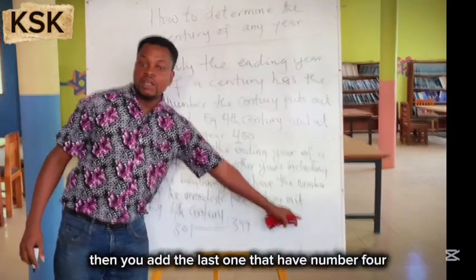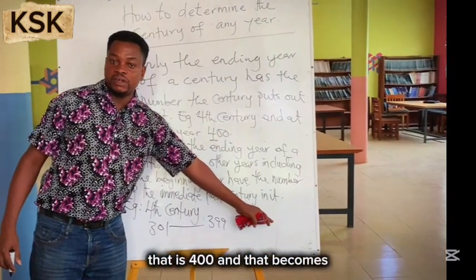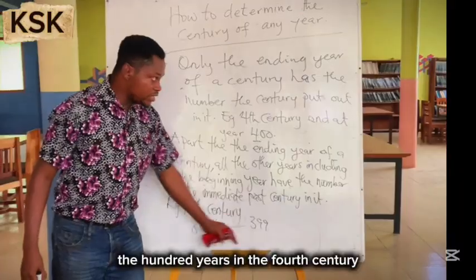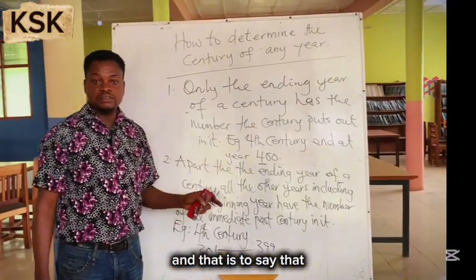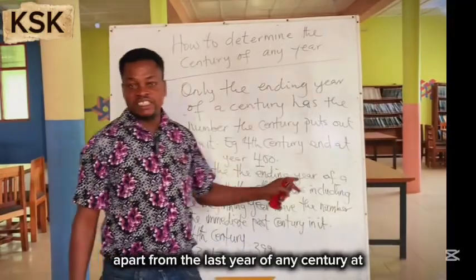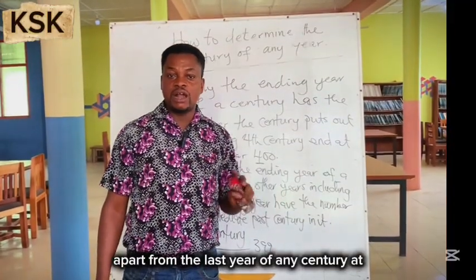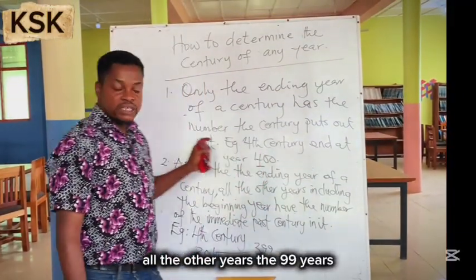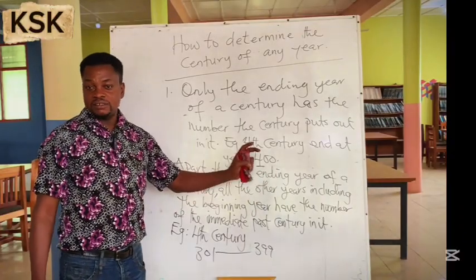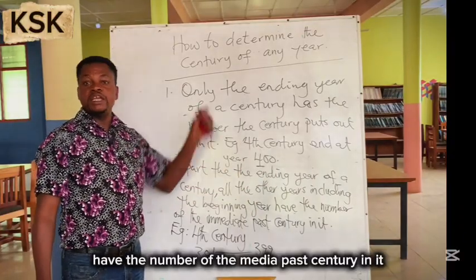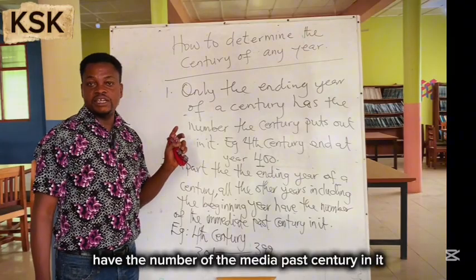Then you add the last one that has the number 4, that is 400, and that becomes the 100 years in the 4th century. So apart from the last year of any century at all, the other 99 years have the number of the immediate past century in them.